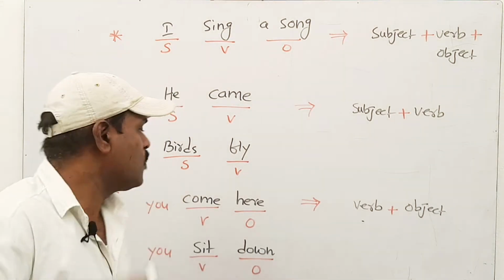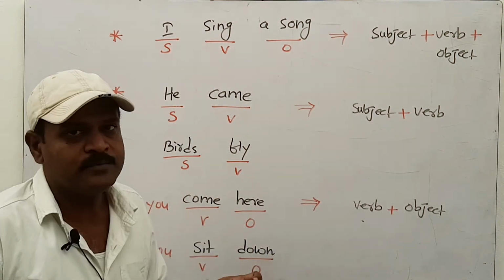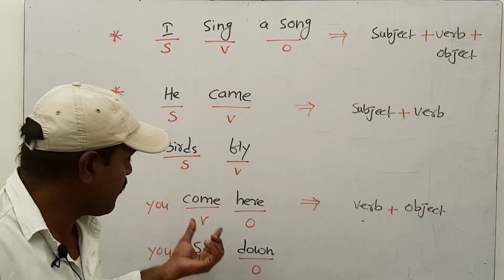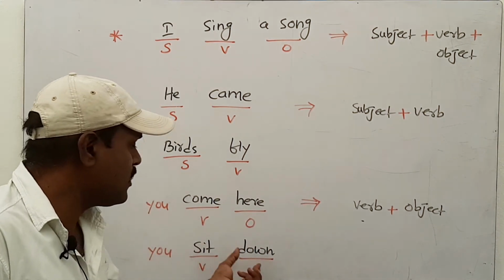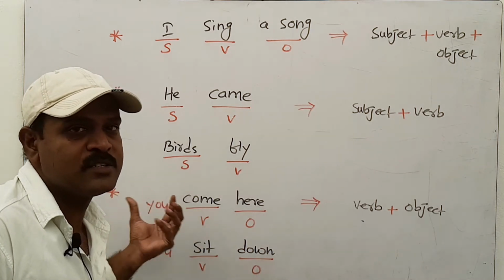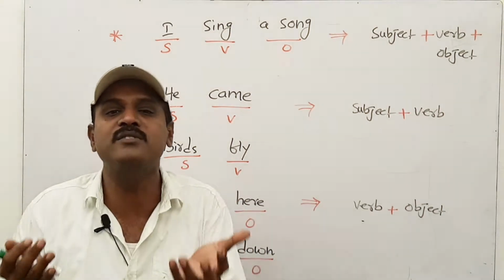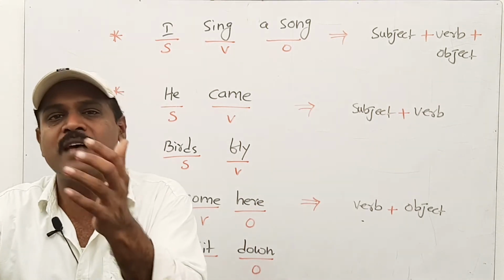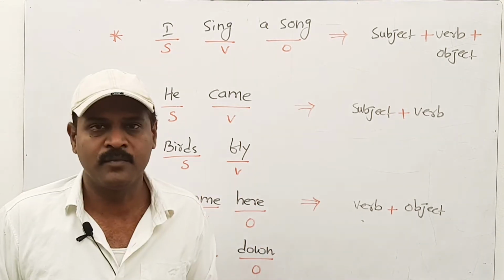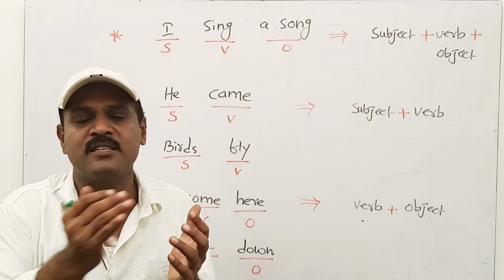Okay. The third one is come here. Here we use only verb and object. Sit down, verb and object. There is no subject. Actually, these are called imperative sentences. In this kind of sentences, the subject you is understood and it is implied. We need not mention the subject you especially.